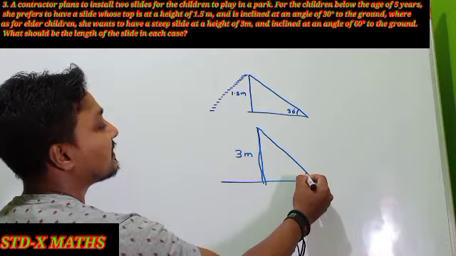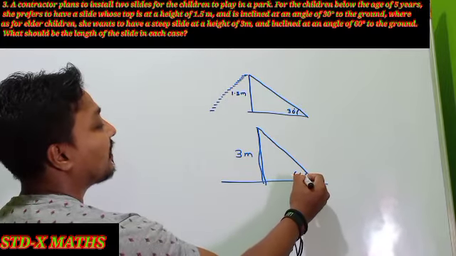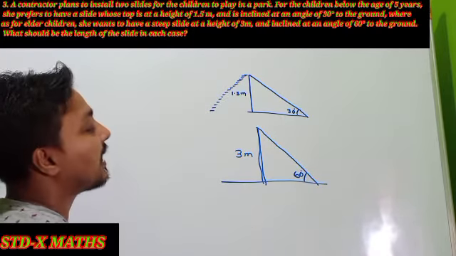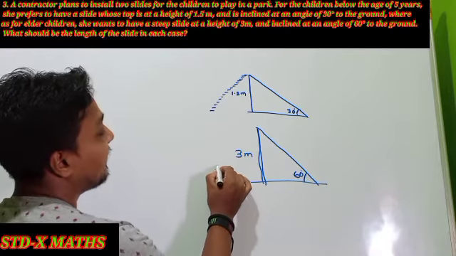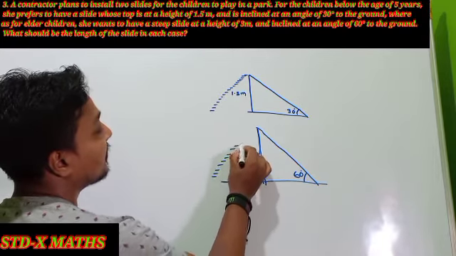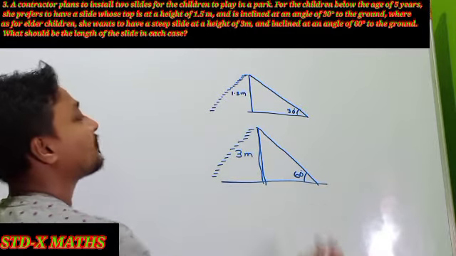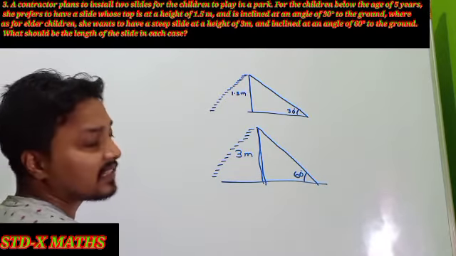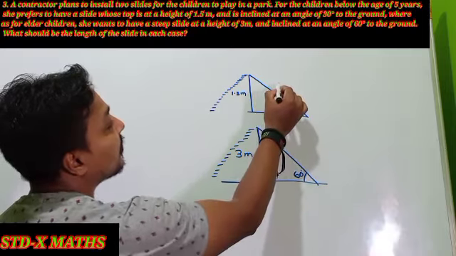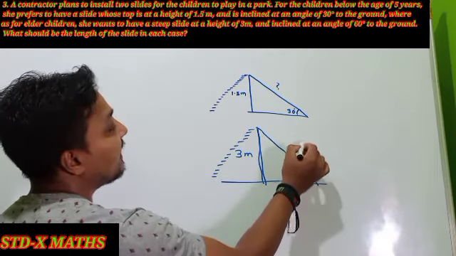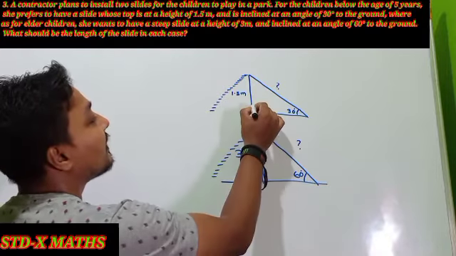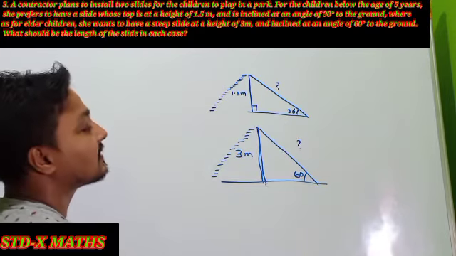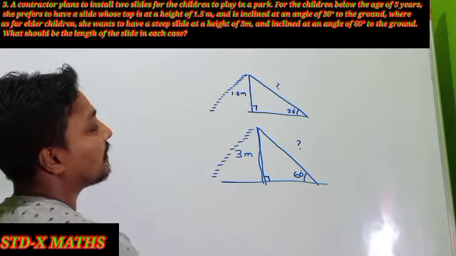This side is the step, and you have to find out the length of this slide and also the length of this slide. See perfectly, this is one right triangle case, and this is another right triangle case.